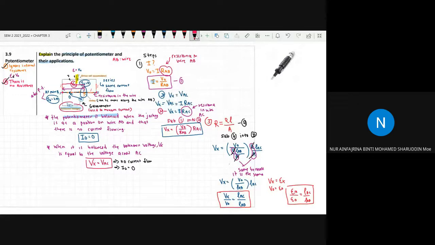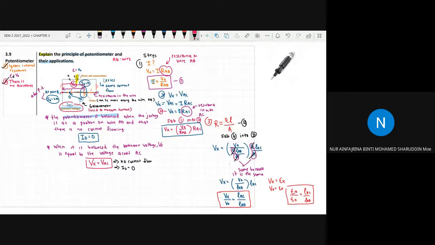Nabil? Nabil dengar Miss tak Nabil? V0 ni dengan epsilon naught, EMF naught ni, dia bukan initial voltage ataupun initial EMF tau. Dia adalah just a supplied voltage.